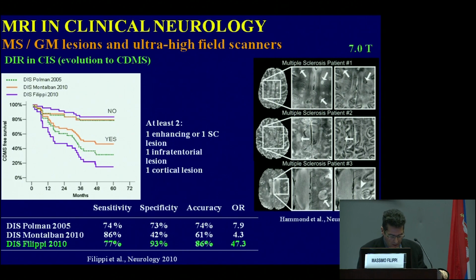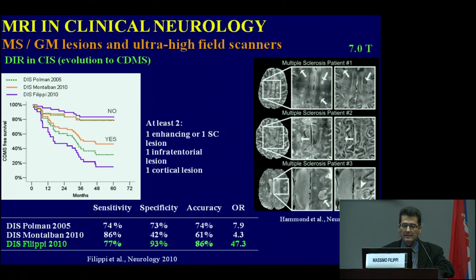I think that, anyway, the future will shift the paradigm to diagnose MS with the use of ultra-high field scanners, such as 7 Tesla scanners, where you can see stuff like this, for instance, a venule going through a lesion of MS, which might be the pathognomonic sign of the condition.